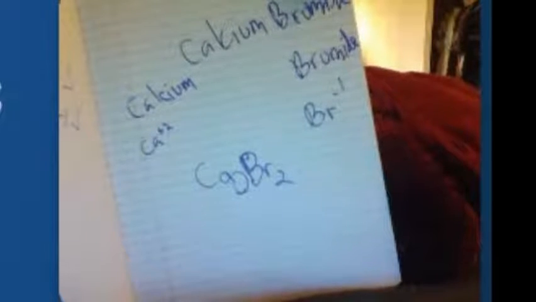So it's Br minus 1. We find the cation name, calcium, and the anion, bromide, and we combine them, and it's calcium bromide. And that is the formula to name for binary compounds.